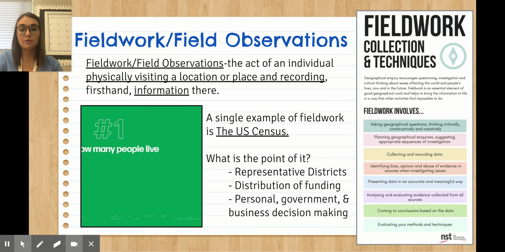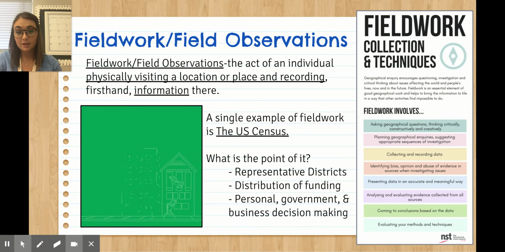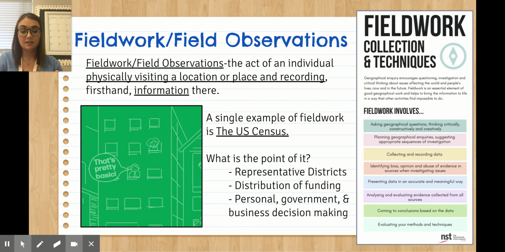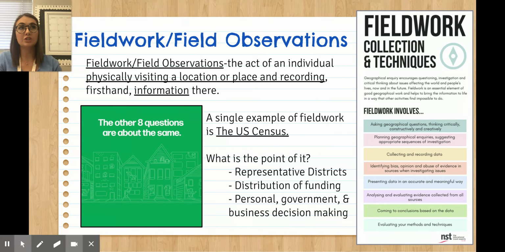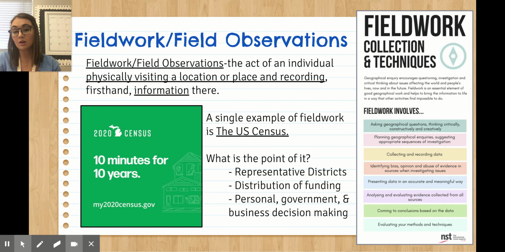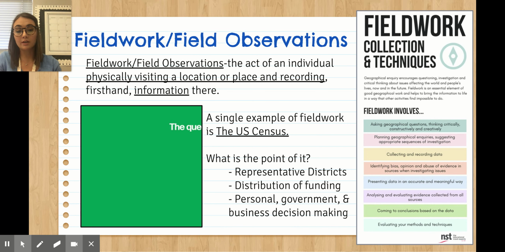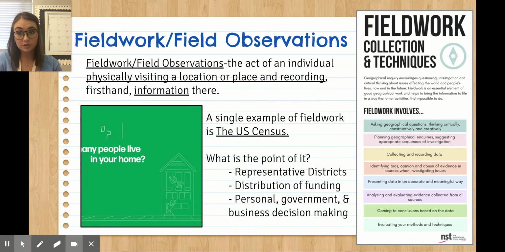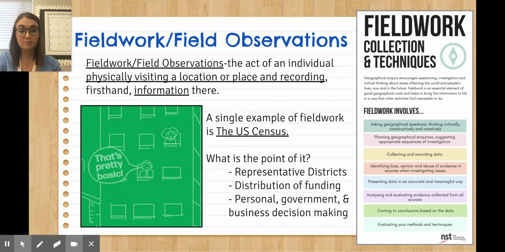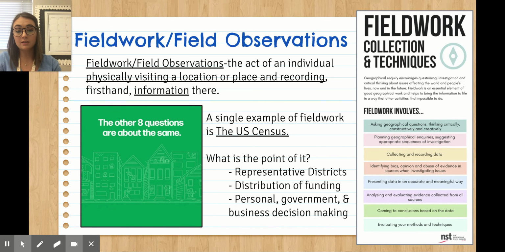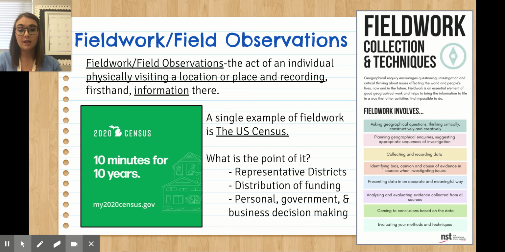And so that's important because it determines which states get the most representation in Congress. It determines where government funding goes. The money is going to go to where more people live. And it's going to determine personal decision making for you and for me, government decision making, and business decision making.